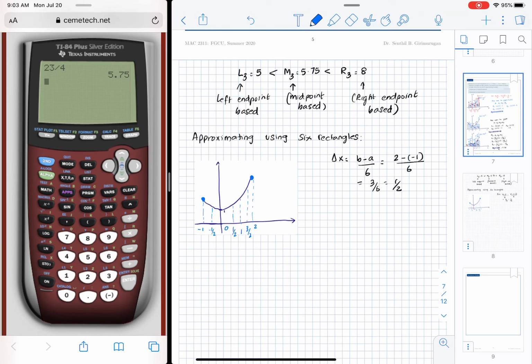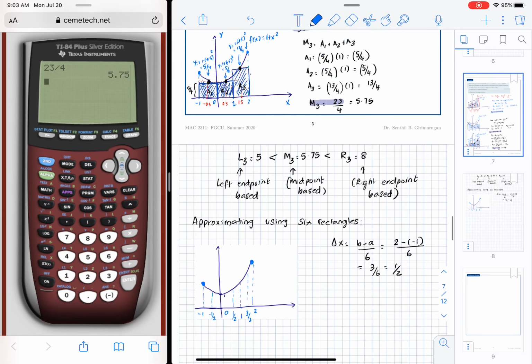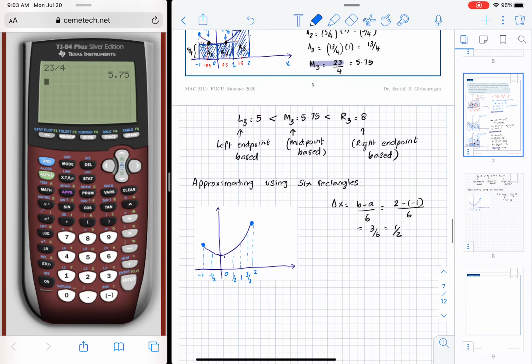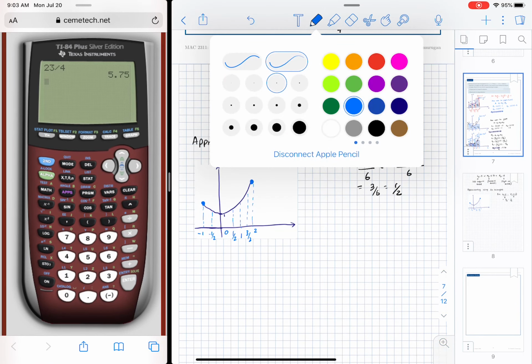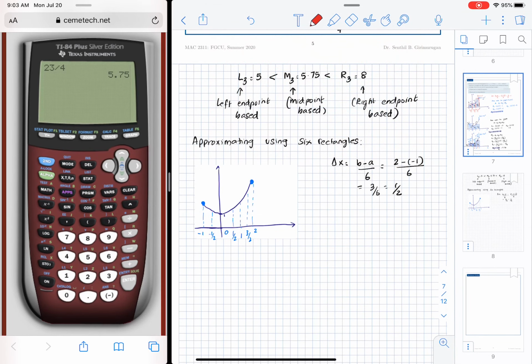So let's start by going from the left. Or did we do right first? We did right first. So let's start on the right hand side. So that's my right endpoint. So the area corresponding to that will be all of that. Right endpoint ends there. The area will be right there.